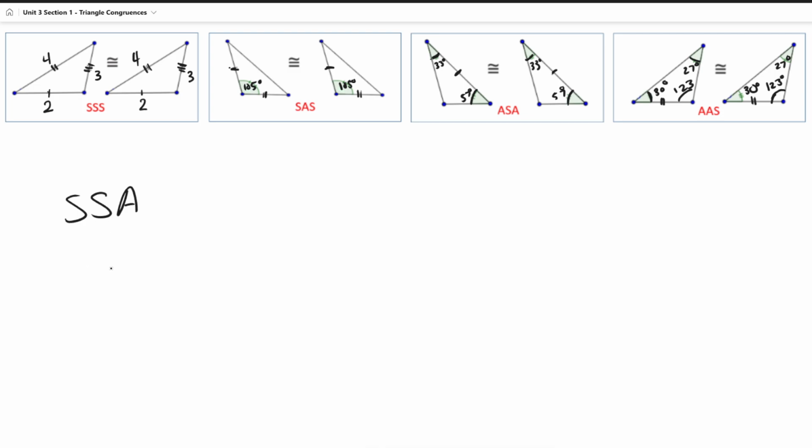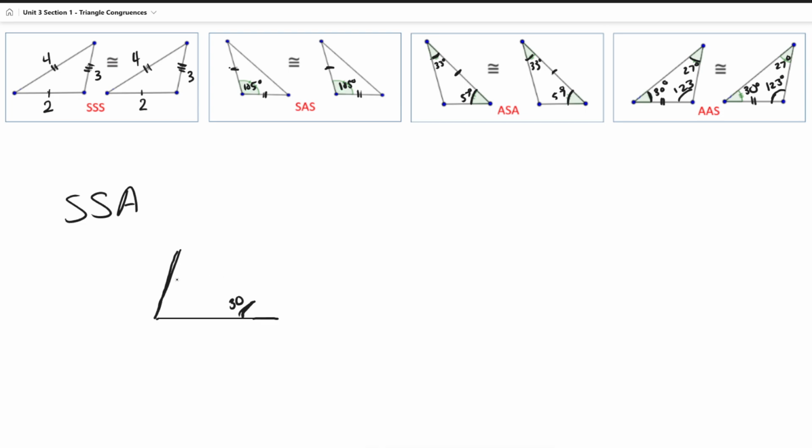And you might see this and be like, well, if I know the side of one triangle, the side of another triangle, and then the angle of that, we'll say this is 30, then it seems like I can already form a triangle here. But that's not necessarily the case, and let me tell you why.